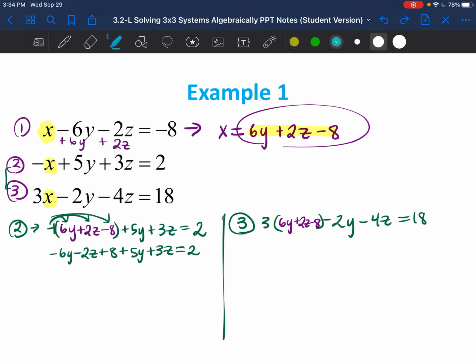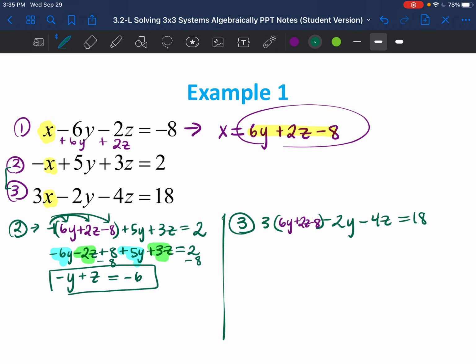Negative 6y plus 5y is negative 1y. Negative 2z plus 3z is 1z. And then move your constant to the other side. So equals negative 6. So I call this simplified equation, equation 4.